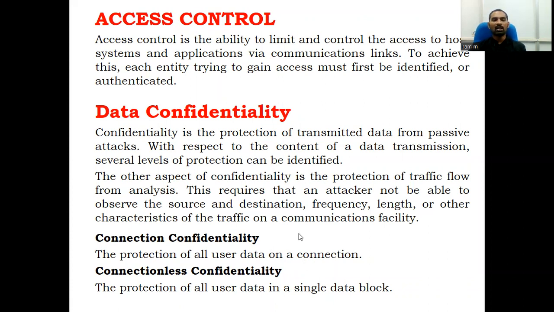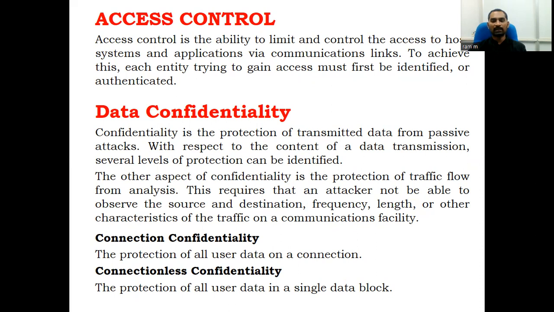But for connectionless confidentiality, we know that there are two types of protocols we use to communicate, TCP and UDP, where TCP is a connection-oriented protocol and UDP is a connectionless protocol. If they are using TCP, we provide protection on all user data that is traveling over that connection.